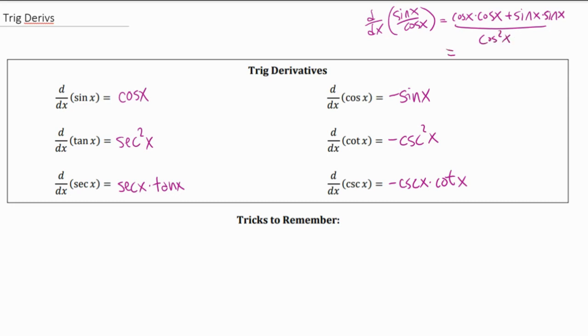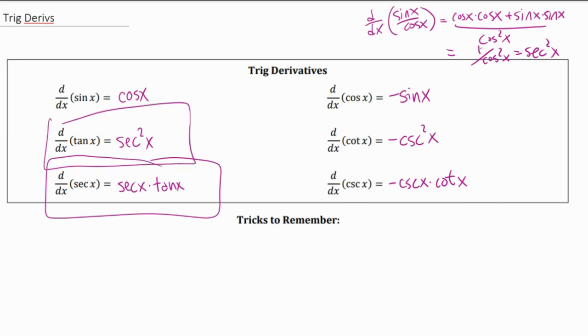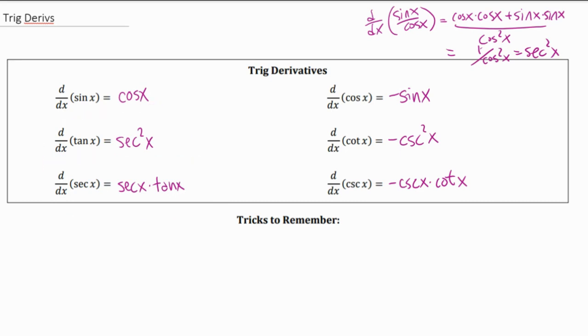And then you get cosine squared plus sine squared, which is 1 over cosine squared. Oh my goodness, that's secant squared. So if you are curious about the proofs of these, as long as you know what the derivative of sine and cosine are, and you know what the quotient rule is, you can come up with the other ones, right? Okay, so anyway, you should notice something, and that is some tricks to remember.